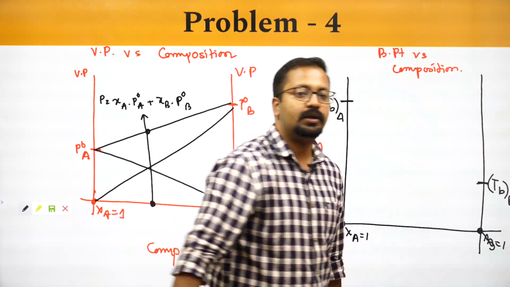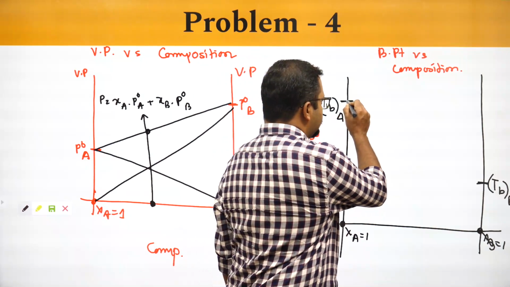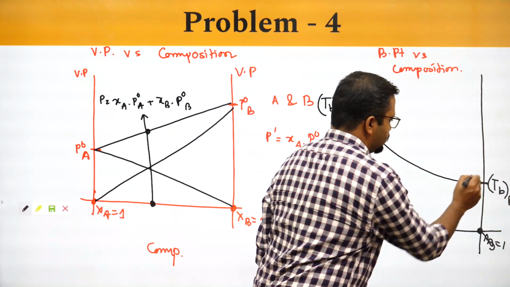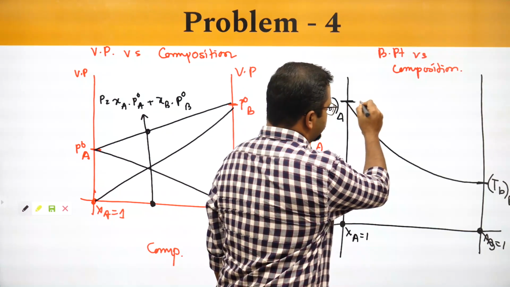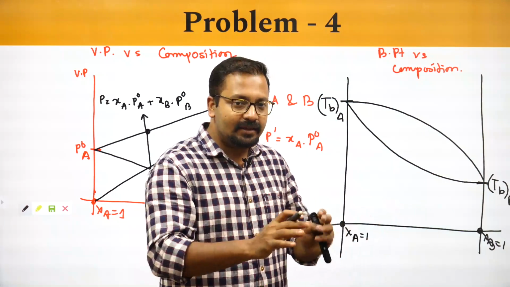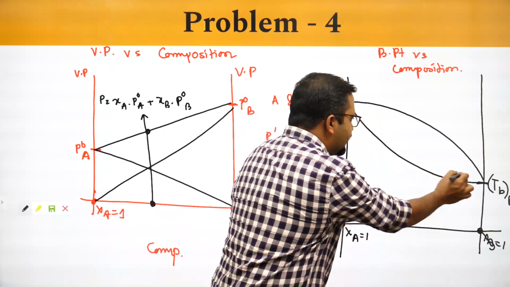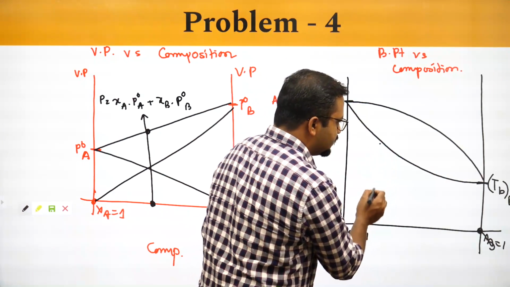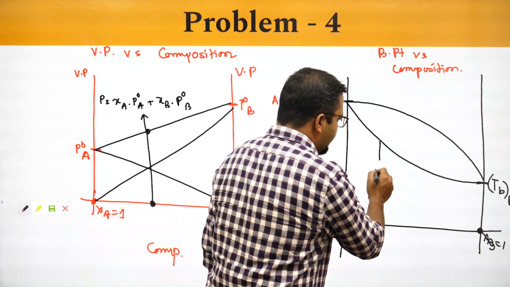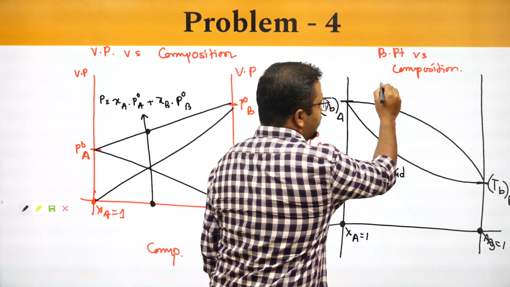In an ideal solution, the plot will look like this. For an ideal solution, it will look like this. Okay, it will look like an eye, like a leaf. Okay, it will look like that of a leaf. This represents the liquid curve. This represents the vapor curve.